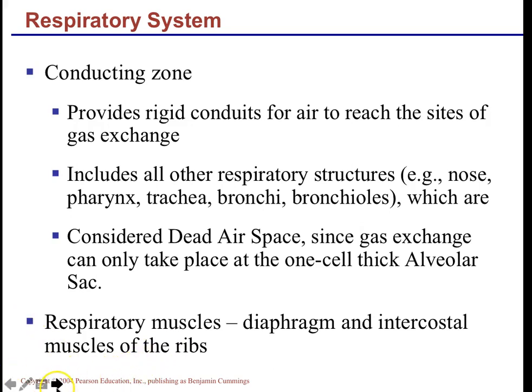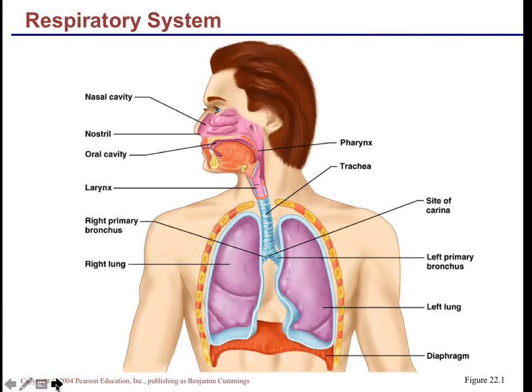Okay, so, pretty picture. This is like a cross section, sort of. Here you go: mouth and nose, and then your pharynx, the larynx, so the voice box is right here. The trachea has all these cartilaginous rings, which protect it from collapsing.